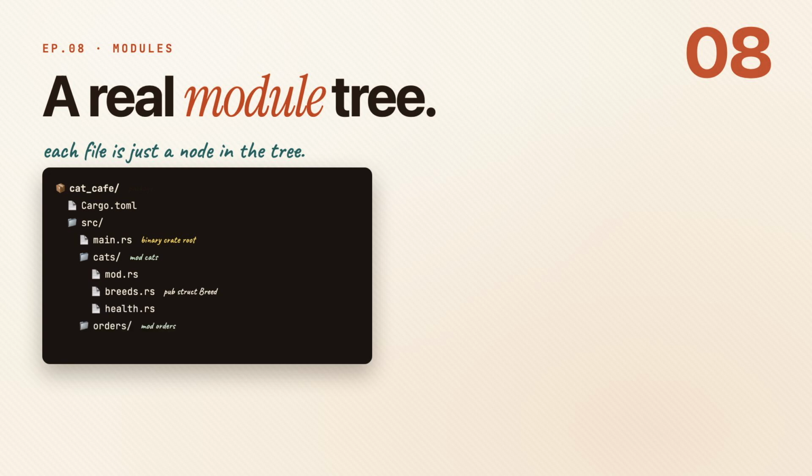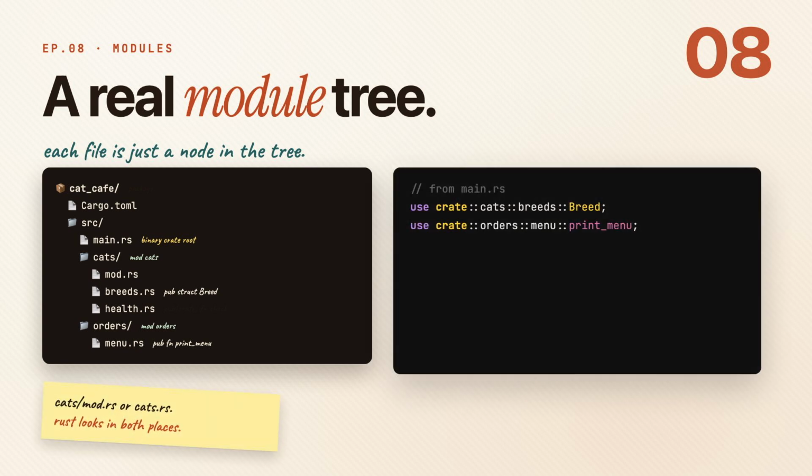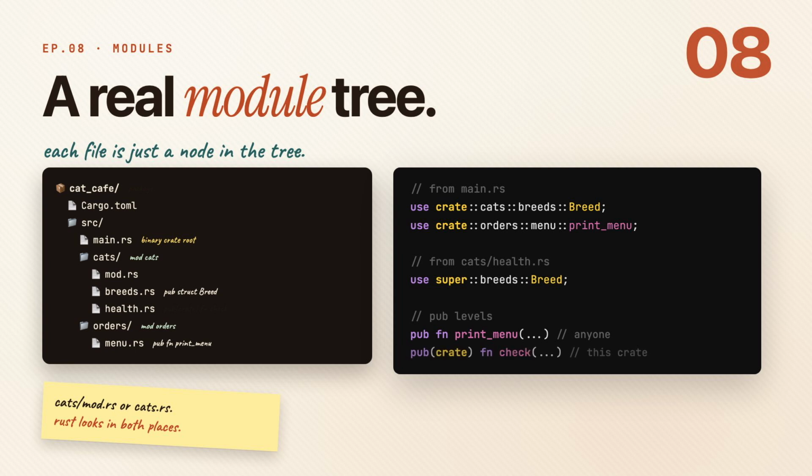Each file is a submodule. And over here on the right, the use path: crate double colon goes from the crate root, and super double colon steps one level up. So the pub stays public. Pub crate stays inside your project.